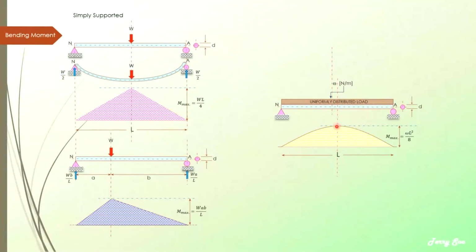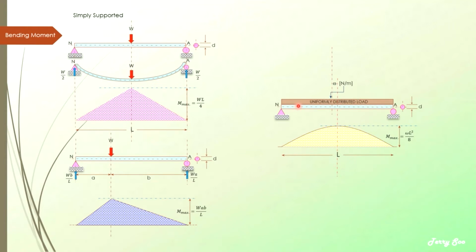The maximum bending will again occur at the center, and it is given by omega L squared over 8, where omega is the uniformly distributed load, the self-weight of the shaft, which is Newton per meter. It is different from the W that we have, which is the point load. The force here is measured in Newton, and this is measured in Newton per meter. That means it is based on the meter length of the shaft.